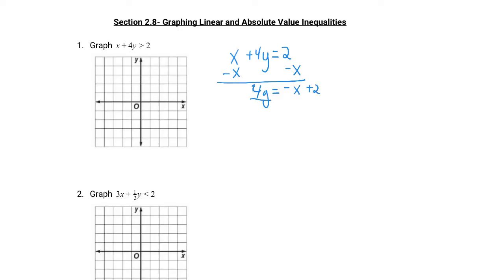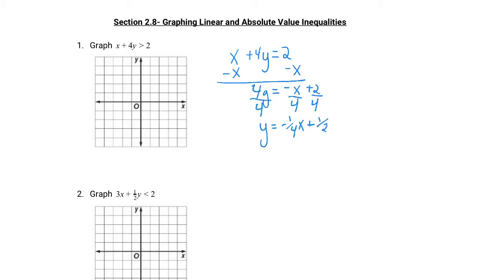To get y alone, I need to divide by 4 on each side, all the places. So I've got y equals negative 1/4 times x. It's the same thing as negative x over 4, plus, and then I can reduce 2 over 4 to 1/2.